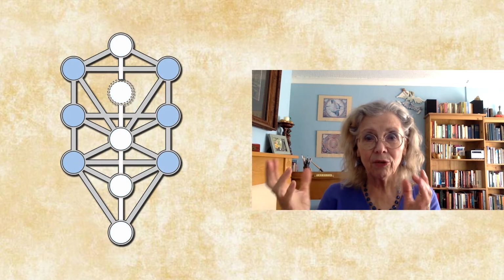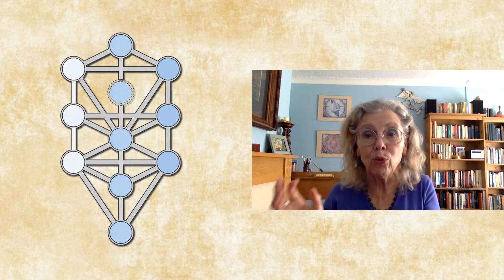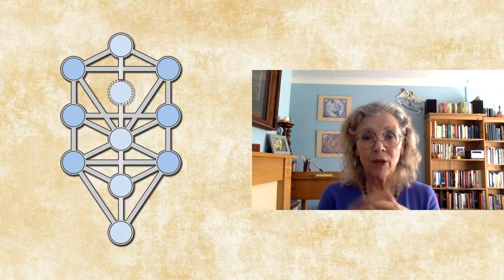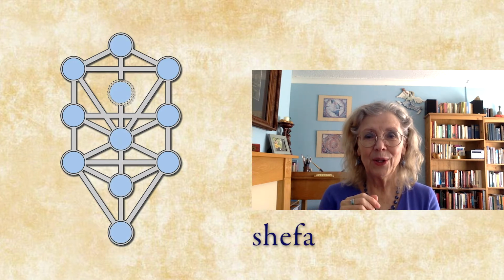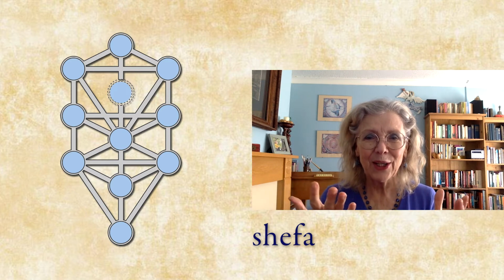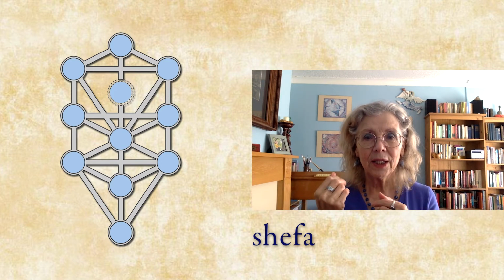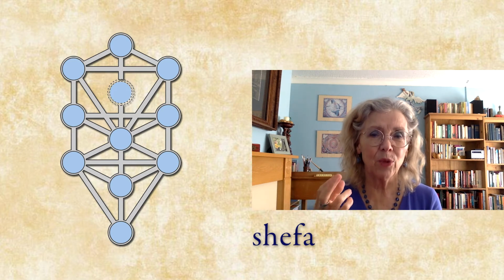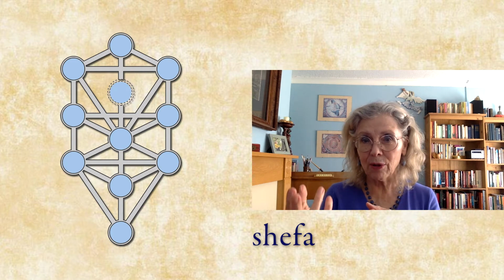So there's this feeling of the energy being able to move and flow. The word Shefa, which is used for the flow of divine blessings through the tree of life, Shefa means everflow. That's why I use this word for the meditation program I offer.